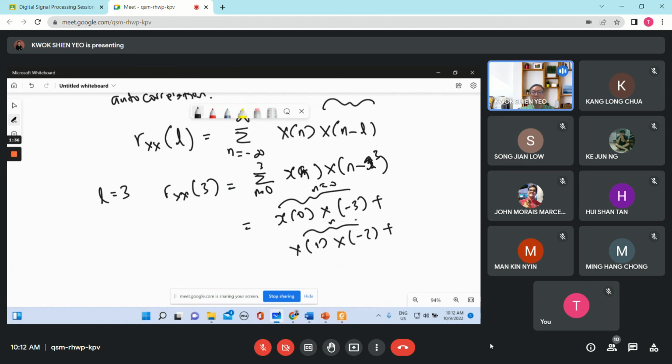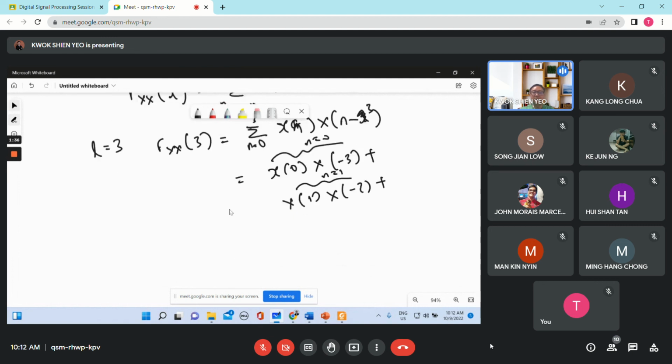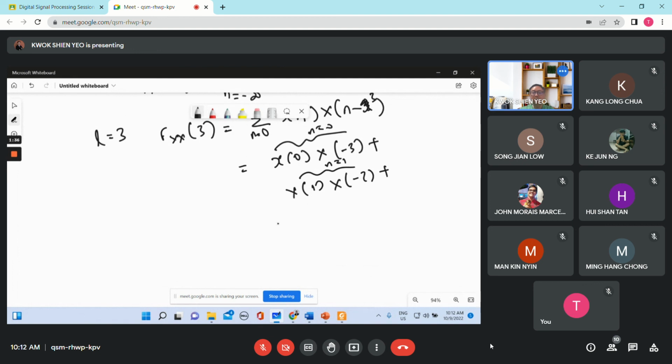So I'm iterating n after I fix l. Then x2 and x3, so I don't indicate the n anymore. This minus 1 is x0. Then you will find that the answer is 1.